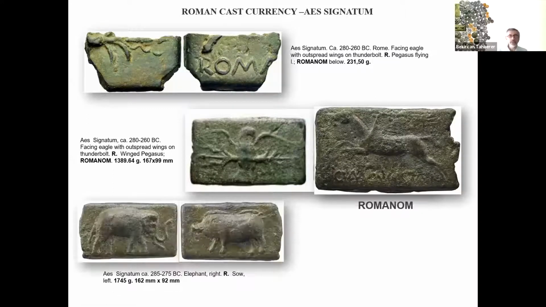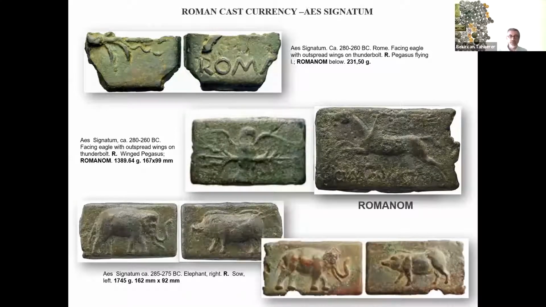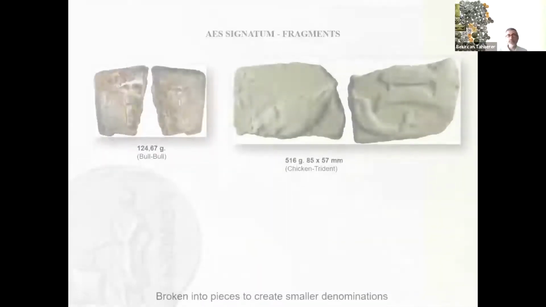And I have another example that we can attribute to Rome, even though there is no legend on it, because of the figures, the sow on one side and the elephant on the other side. The legendary history of the city simply tells us the relevance between these figures and the city of Rome.